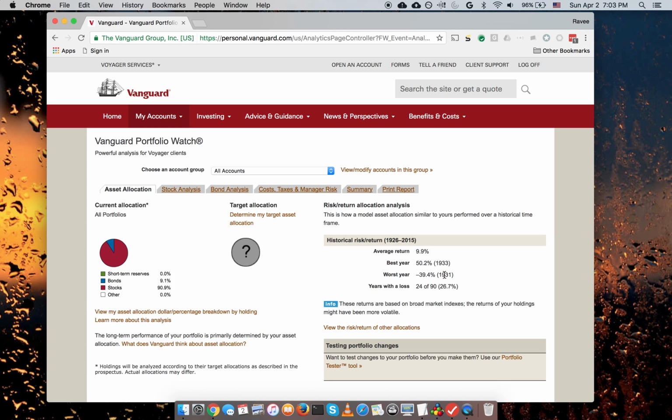So if you take a particular slice in time and you find that the return is very poor, it can very easily happen that you took another slice in time and the return was very good. So over a long period of time, you should expect to see the average return, which now is predicted to be somewhere between 6 to 7% looking forward for the next 40 to 50 years.